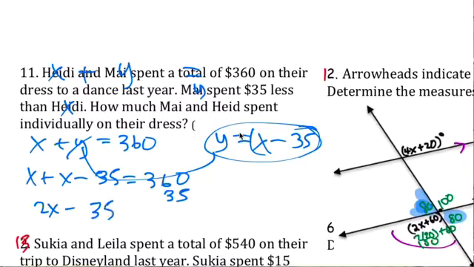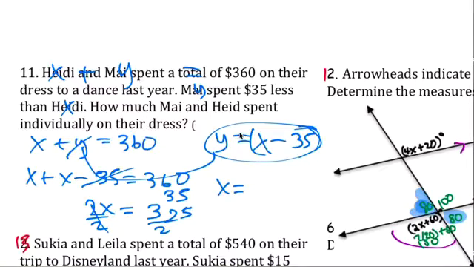Okay, 325, right? Oh, 2x equals 325. I did this all in my head.